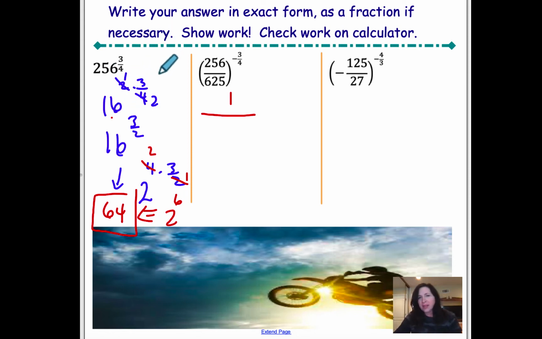Is that right? 2 to the 8th power. If that's correct, then I would say 1 over 2 to the 8th power over 625. That's 5 times 125, and so that's 5 fives and 1 is 6. Is that right? So you just have to figure out which one is going to be the best option for you.